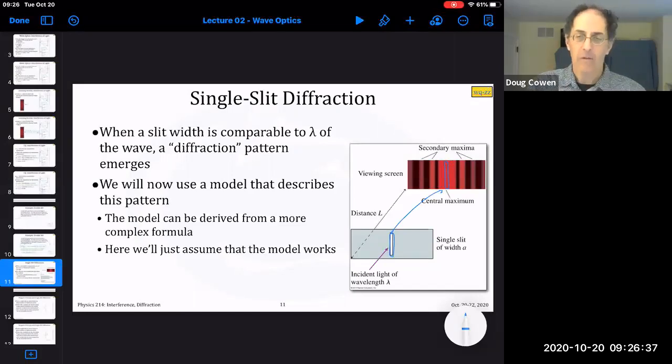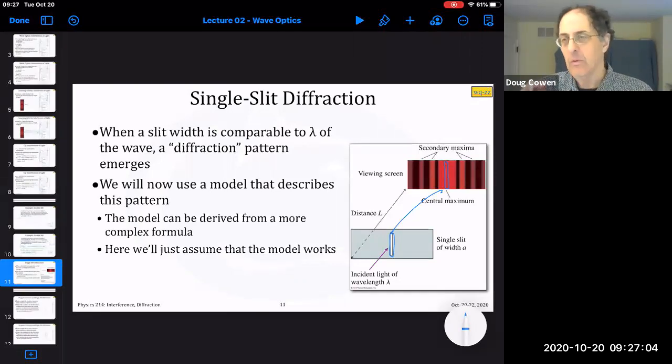That's because the slit width is comparable to the wavelength, so you get diffraction effects. And instead of seeing just the shadow of the slit, you see this pattern because the light, when it goes through the slit, spreads out, it diffracts. And it causes the pattern that you can see on the screen as shown in the figure.